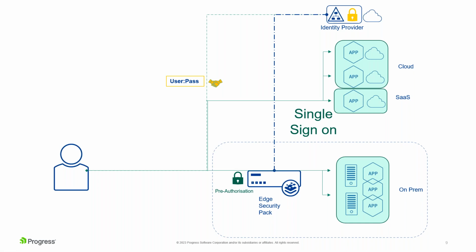And there the authentication will take place, and the client will be redirected after successful authentication to the load balancer with a token, and the load balancer then will verify the token with the identity provider to make sure that's all correct. And once that is verified, the access to the application is granted.